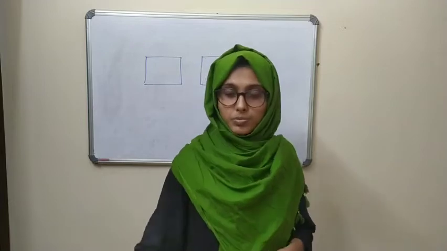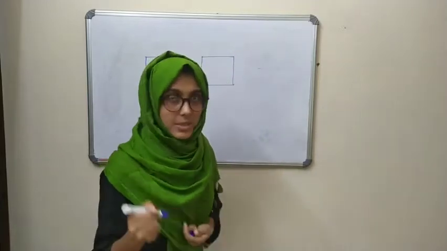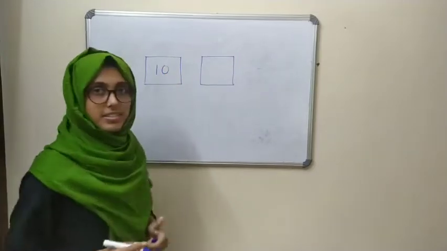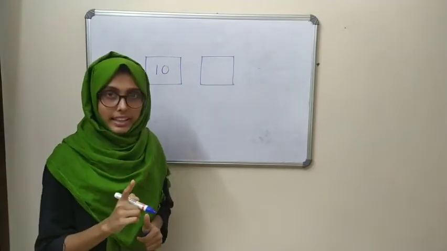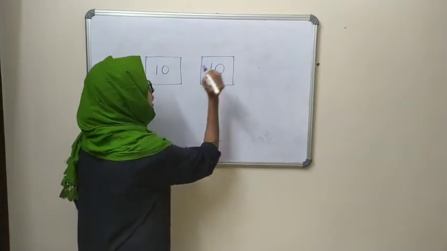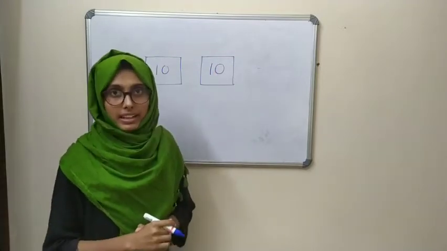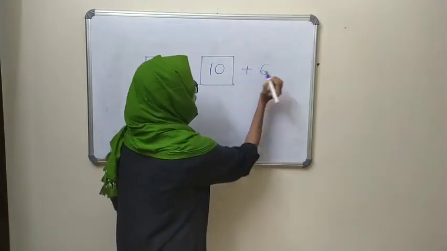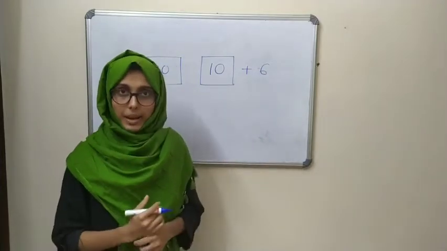Okay, I will show you how. So there are packets. In one packet there are 10 bangles, and in another packet there are also 10 bangles, and 6 more bangles.